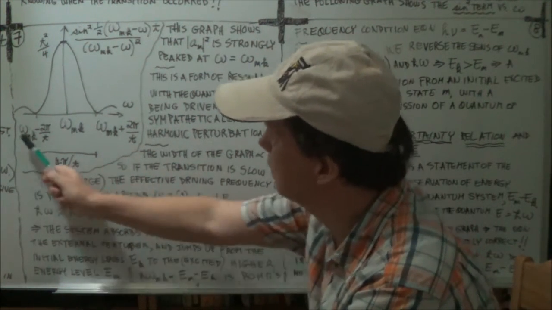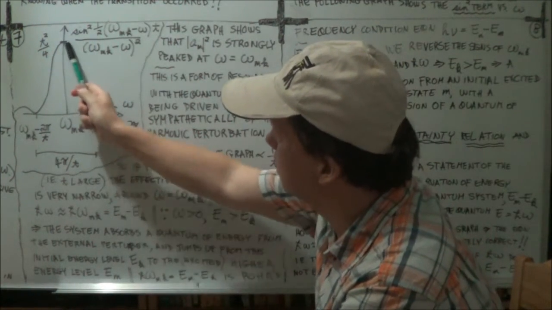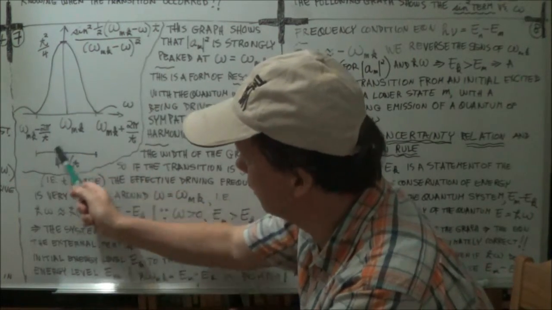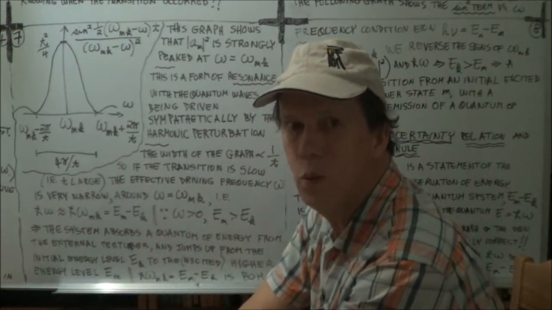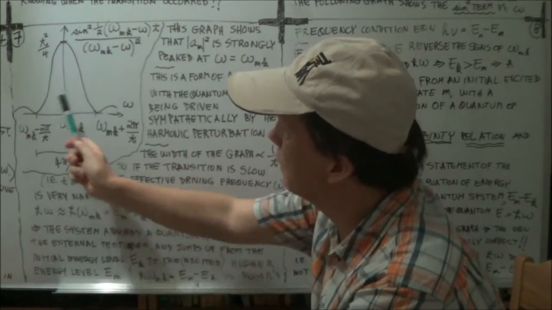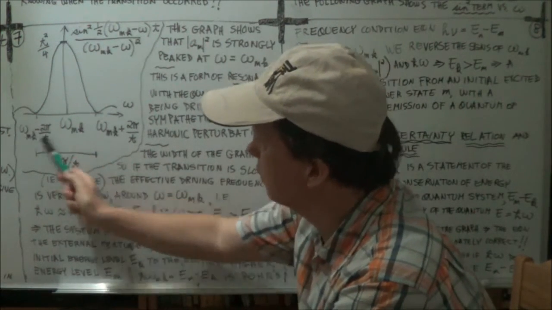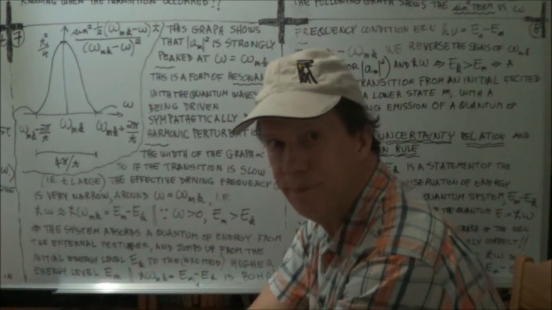Does that make sense? Similar logic for here. So this term becomes 0 at here and these two values. That allows you to calculate roughly the width of this peak. It'll just be the difference between this value and this one, which is 4 pi over t.